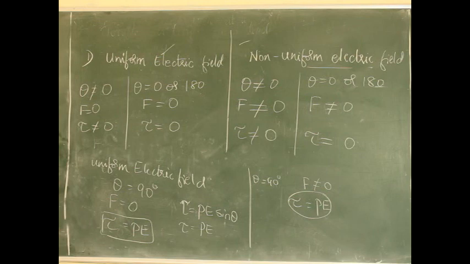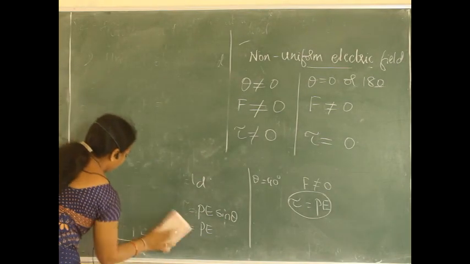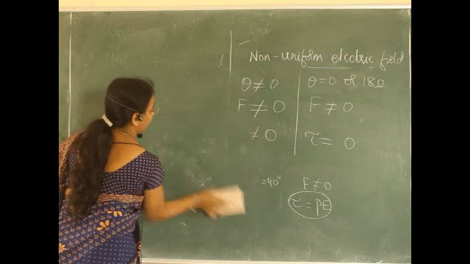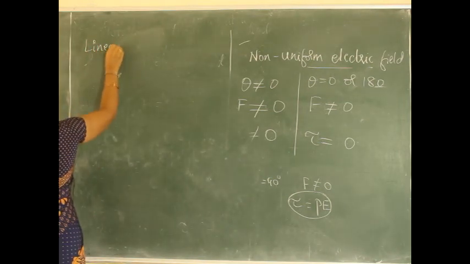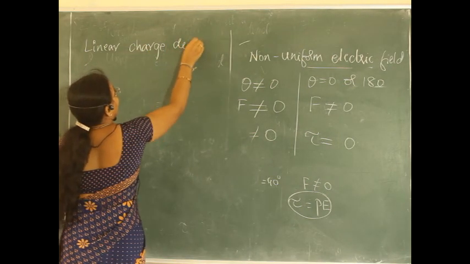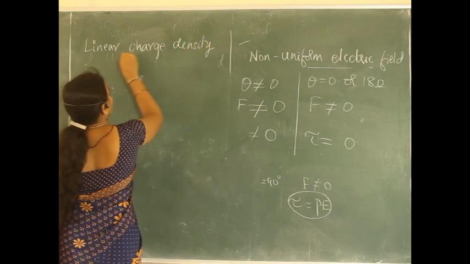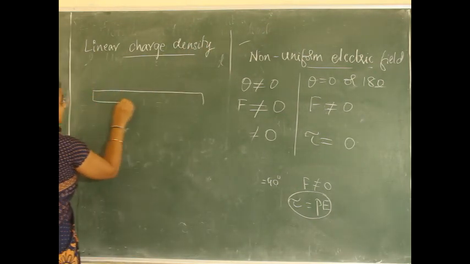What do you mean by surface charge density or linear charge density? Linear charge density: from the word linear itself we come to know it is something related to length.